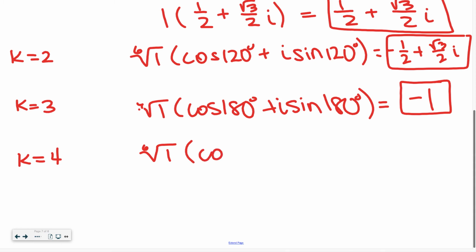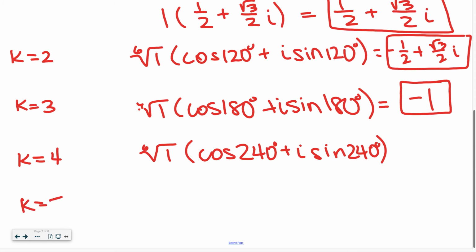So 60 more degrees because we're following our symmetry. We're at 240, right? And at k equals 5, 60 degrees more, we would be at 300.